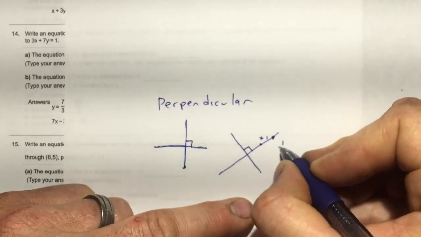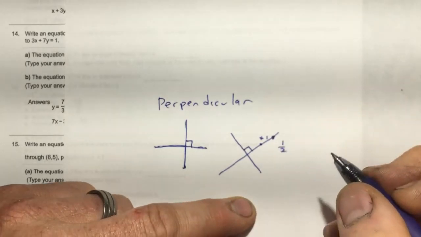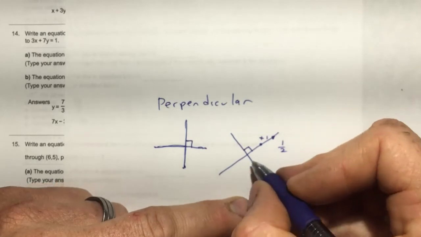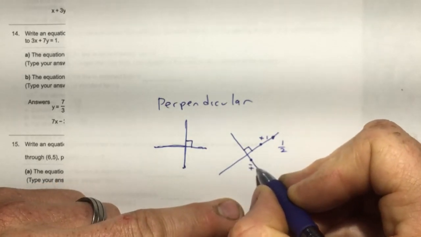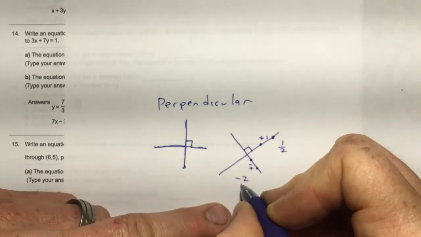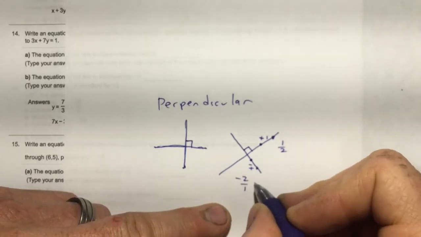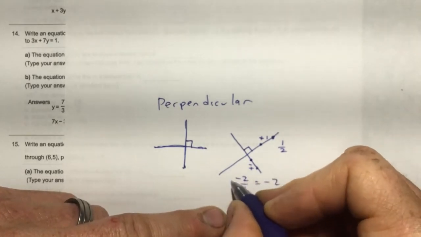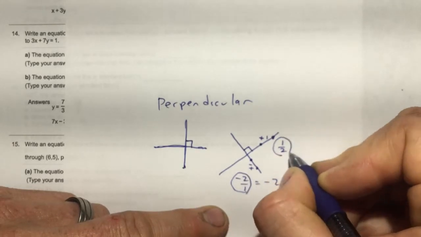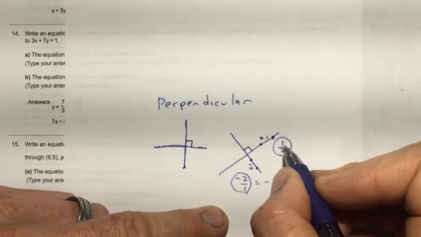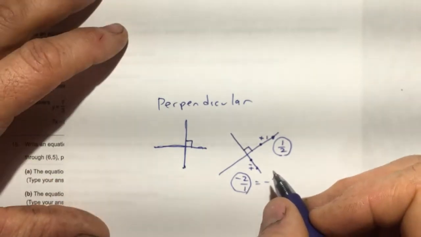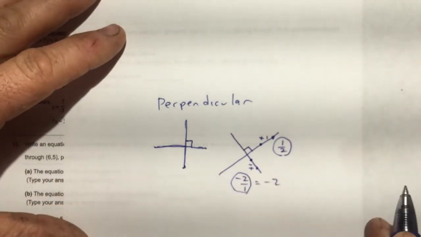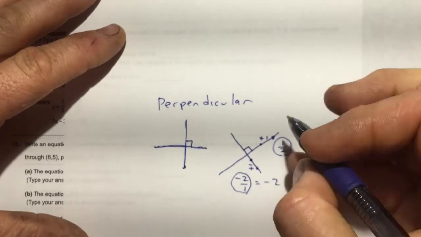All right, so this is a 1/2. Now if I look at this line, this goes down 2 and it goes over 1, which is -2. But if you look at these right here, they're flipped, and one's positive and one's negative. That's how you do perpendicular slopes. They're what's called negative reciprocals.